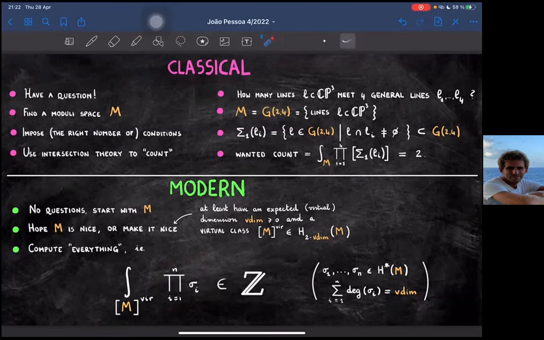So you see, it's completely different. Before we used to have a concrete problem to solve, and now the problem is not there anymore. We care about the spaces, and of course we are free at the end to add one more item and interpret the numbers we obtained, but that's not very common.